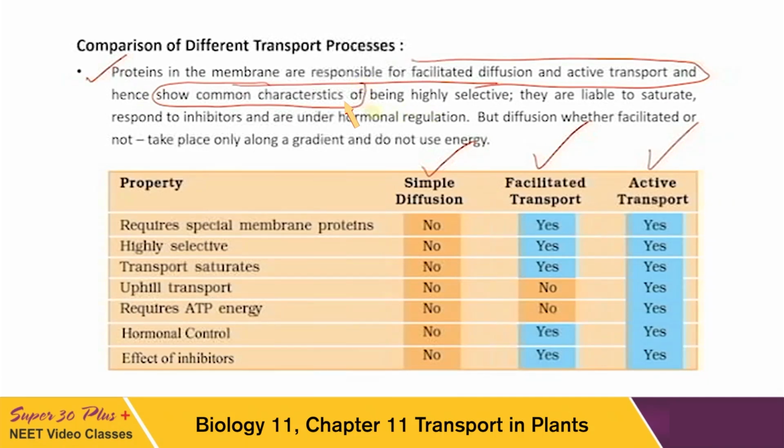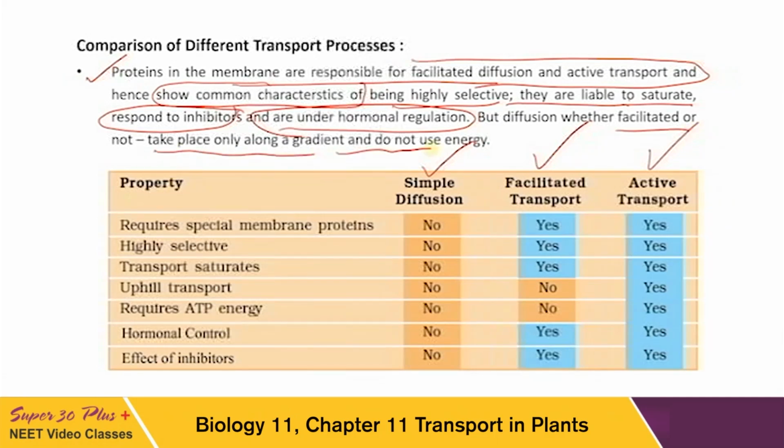For example, in both they are highly selective, they are specific, they show saturation effect, and they respond to inhibitors. Because in both facilitated and active transport the proteins are involved, and these are under the control of hormonal regulation. But diffusion is different from the rest of the two. Diffusion, whether facilitated or not, takes place along the concentration gradient from high concentration to low concentration, and they do not need energy.